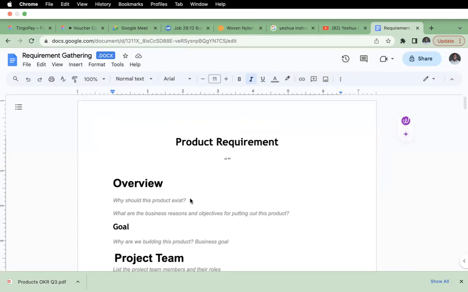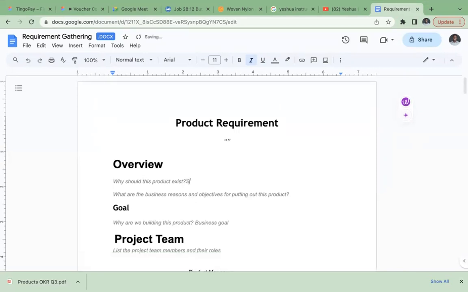So you're gathering information from the stakeholders. From stakeholders, you're asking them relevant information about the product. Why should this product exist? What are the business reasons and objectives for putting this product out?